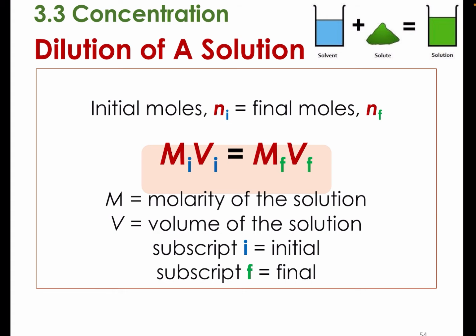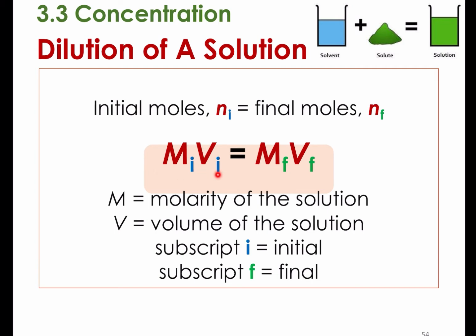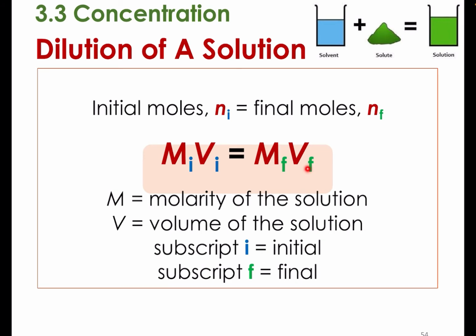For dilution, there is a specific formula, which is MiVi equals MfVf, where this formula comes from the formula of molarity. So you have the formula of molarity, which is molarity of the solution equals moles of solute divided by volume of solution.